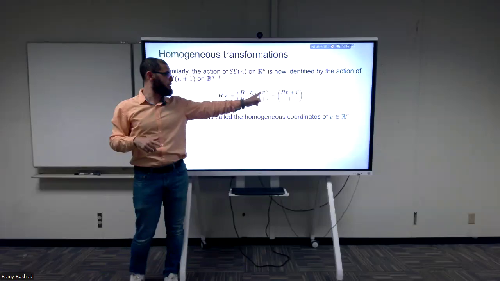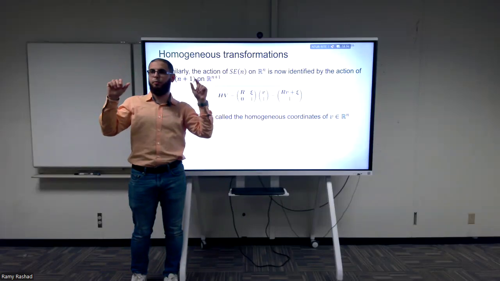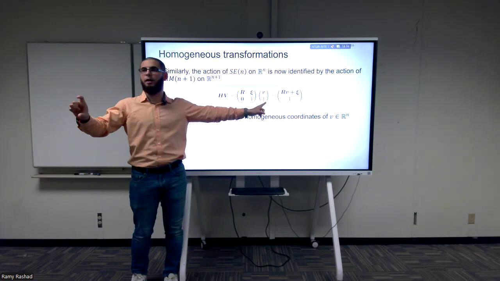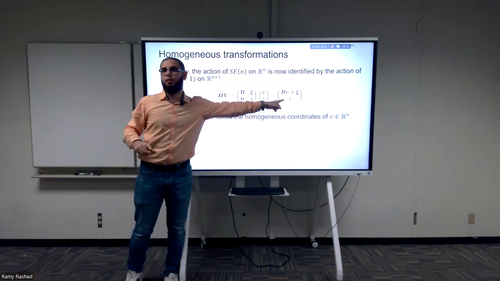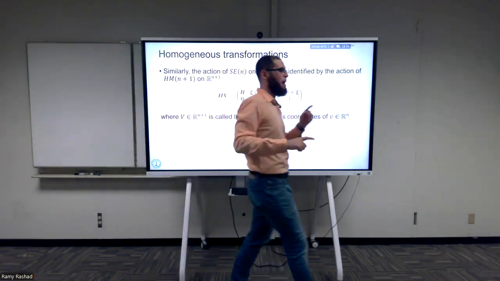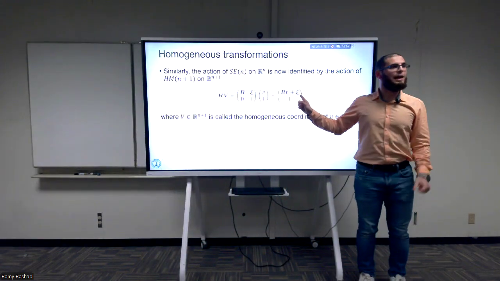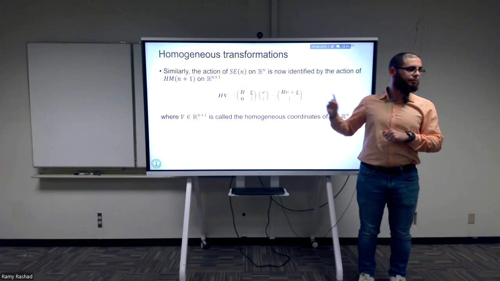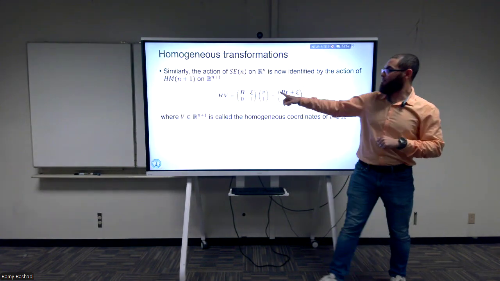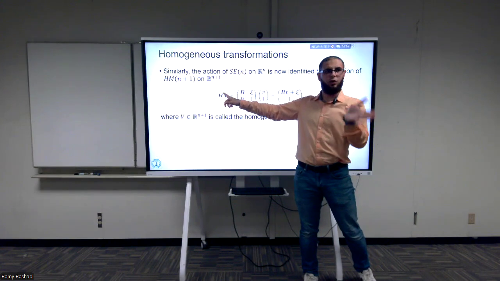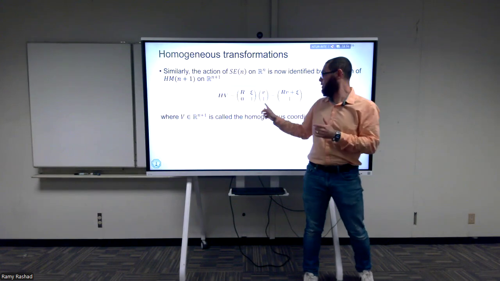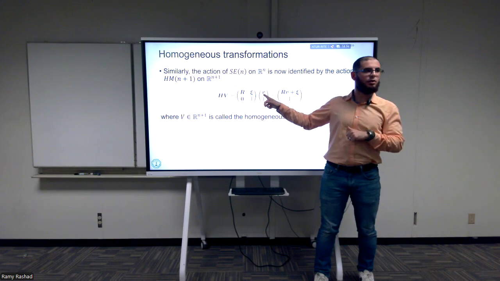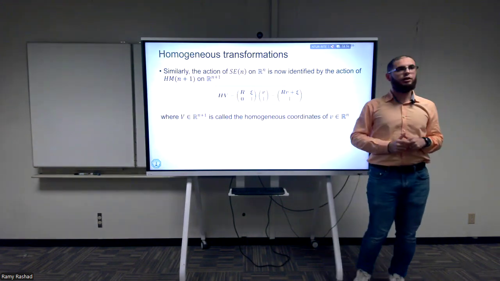Usually, I'm pretty sure you've been taught it as a trick: take this 3-vector and put a 1 below it, and then everything works out. This was the affine map that we started with as an action of SEn on Rn. The vector V, which is this n+1 dimensional version of the original n-dimensional vector, is called the homogeneous coordinates of V.